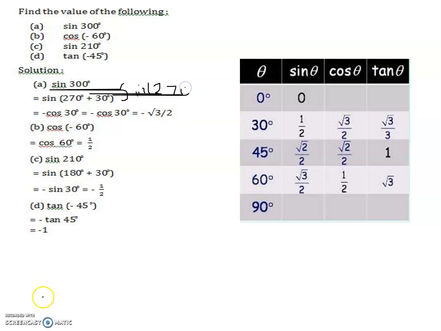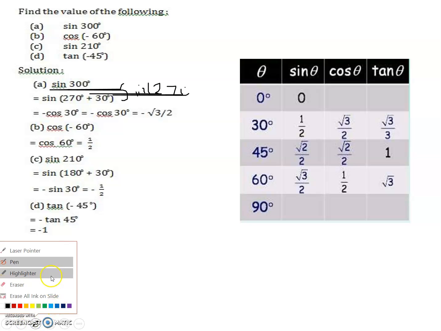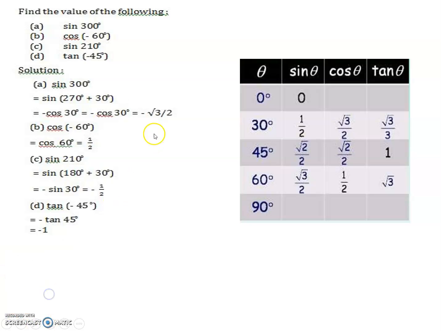Sin 270, so I highlight here. Sin of 270 plus theta is minus cos theta. That's why we put 30 degrees instead of theta. From the table sin 30 is 1 upon 2, and cos 30 is root 3 upon 2.